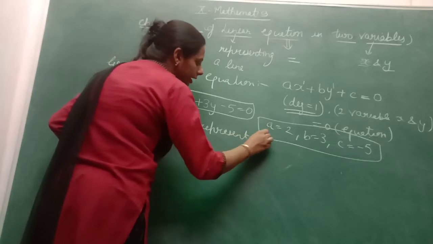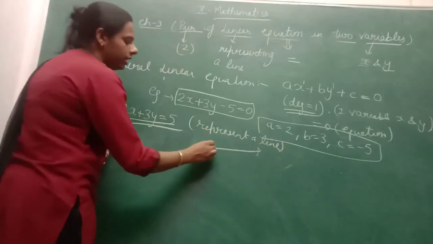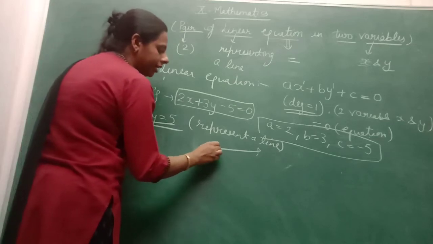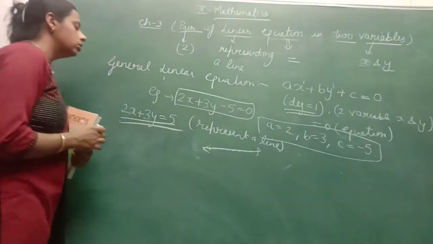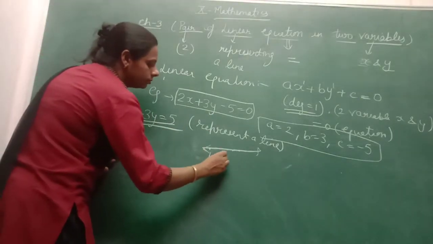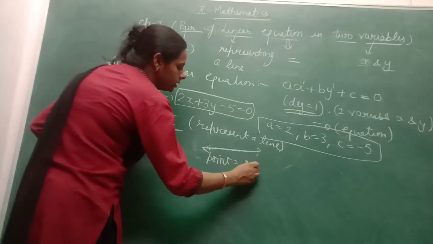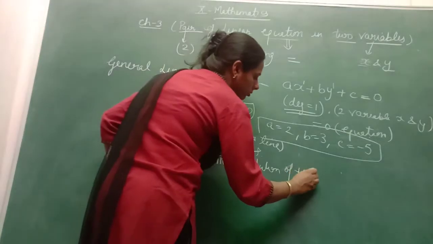All of you know very well that a line has infinitely many points on it. These points are algebraically known as the solutions of the equation.